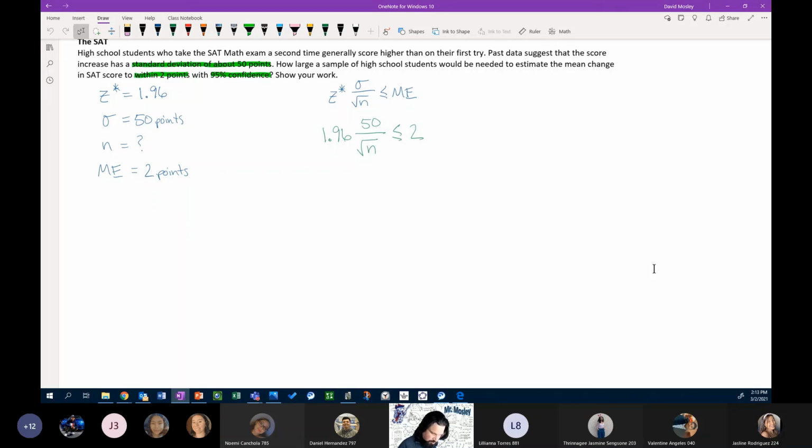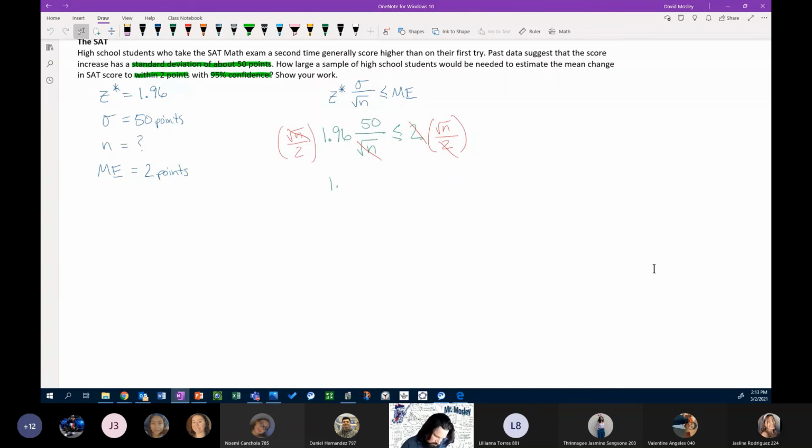So we're going to multiply each side by the square root of n, and then divide each side by 2. That will cancel the square root of n from the left-hand side, and cancel the 2 from the right-hand side.